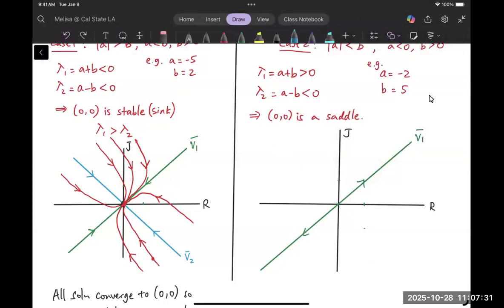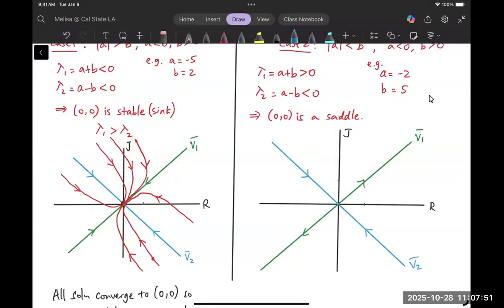Okay, so that's your V2. And the eigenvalue associated with V2 is negative. Lambda 2 is negative here, so that means the flow is pointing towards the origin.